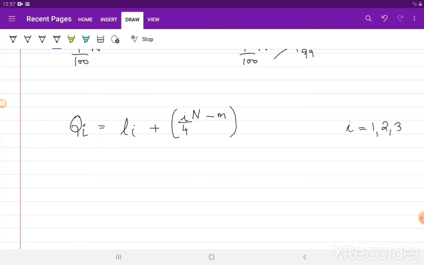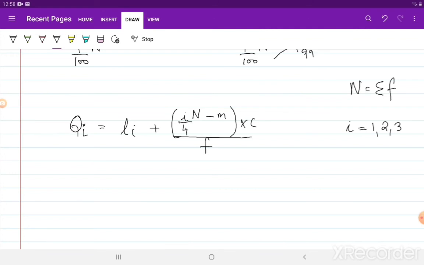Remember, your capital N is your total number of observations or total frequency summation f, into C, which is the width of the class interval, divided by the frequency in the corresponding quartile class. So here I have used the subscript I so that this one formula can be used for Q1, Q2 as well as Q3, right?